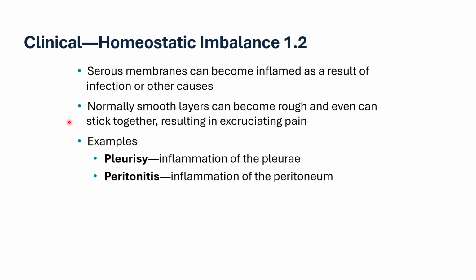Okay, if they become rough, they can irritate each other as they rub against each other or stick together. Whenever that happens, it's excruciating pain. Examples of that are pleurisy, where the pleura is inflamed, or peritonitis, where the peritoneum is inflamed.